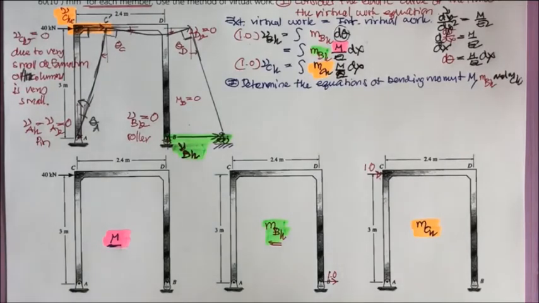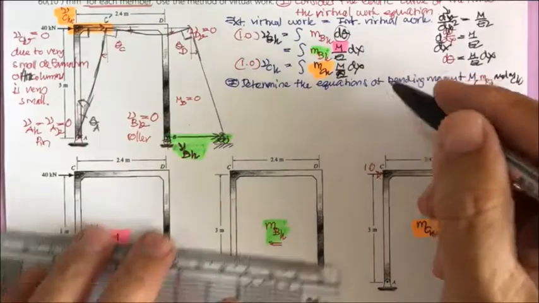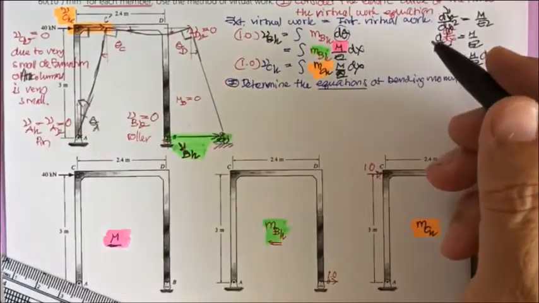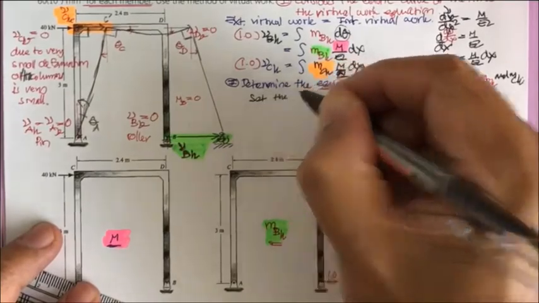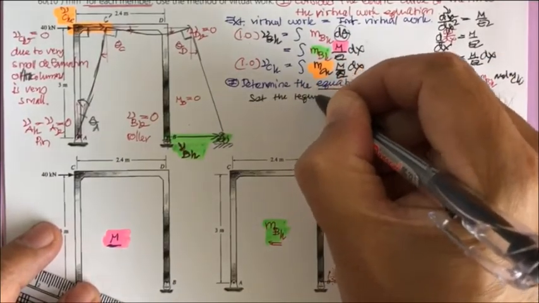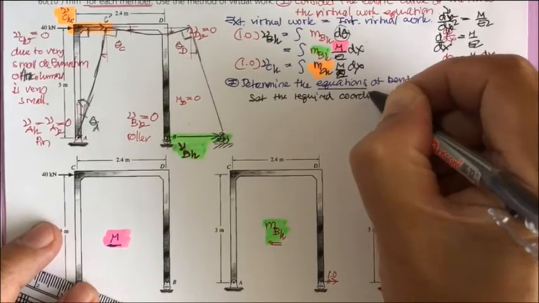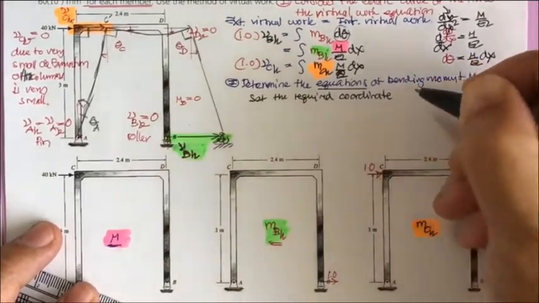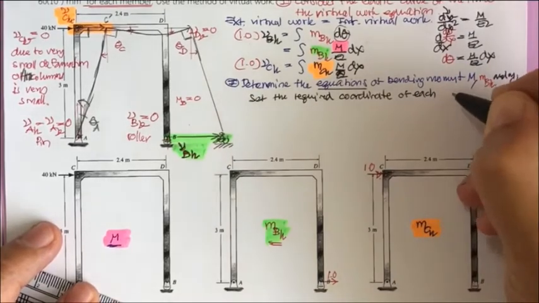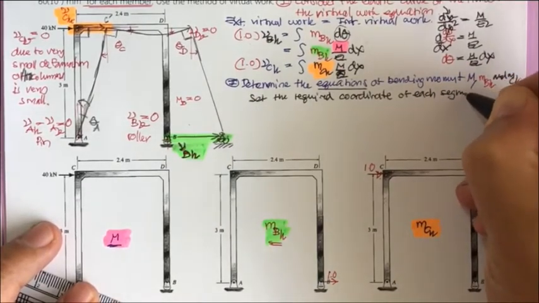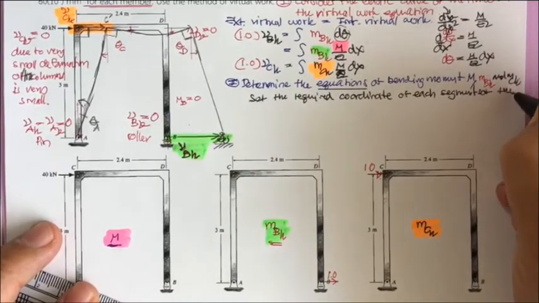Before we can determine the equation, we're going to set the required coordinate of each member or segment, each segment of the frame.